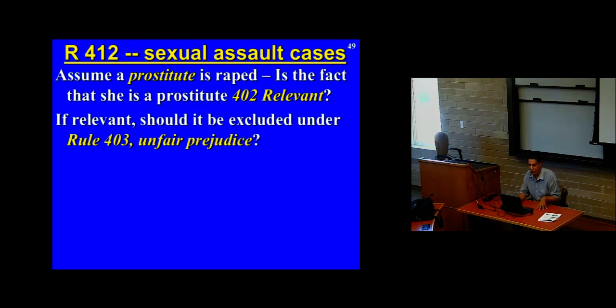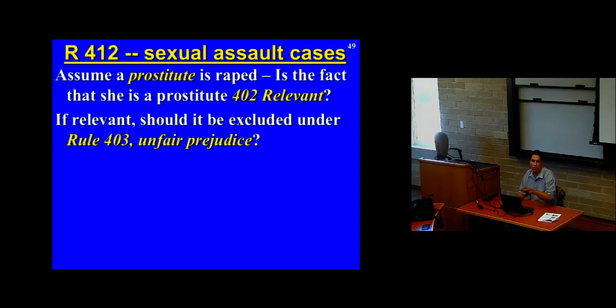But even if it's relevant, it could be excluded, or sometimes they would try to argue that it should be excluded under 403 as unfair prejudice, because there's really not a lot of probative value there, but there is a lot of danger of unfair prejudice where a provincial jury might say, well, that's what she gets for engaging in that kind of activity, which is completely wrong and unfair. So instead of relying on Rule 401 that it's irrelevant, or even 403, even if it has some probative value, it's unfairly prejudicial.